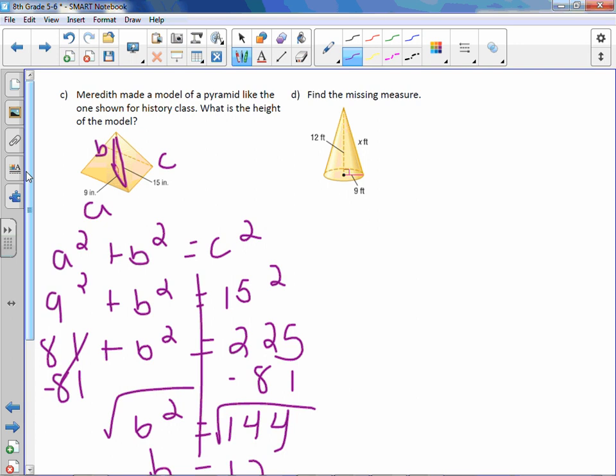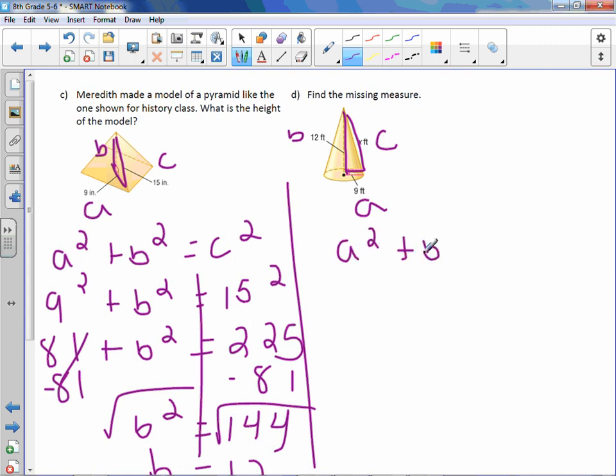Find the missing measure. Again, here's our right triangle. Our hypotenuse is here. Doesn't matter, A and B. So A squared plus B squared equals C squared. 9 squared plus 12 squared equals X squared.